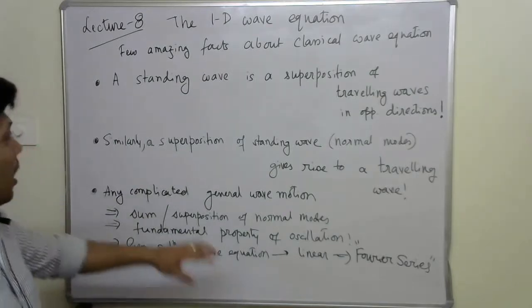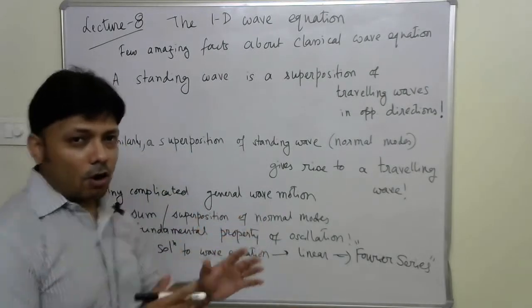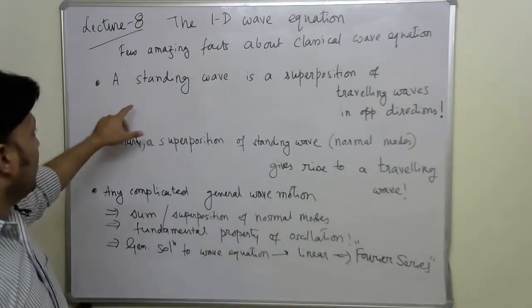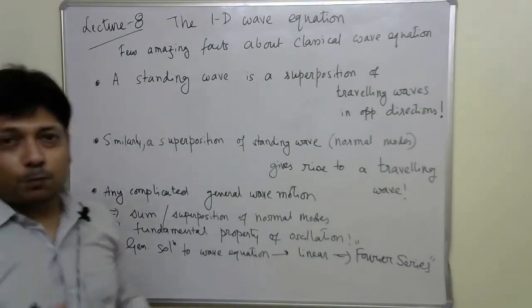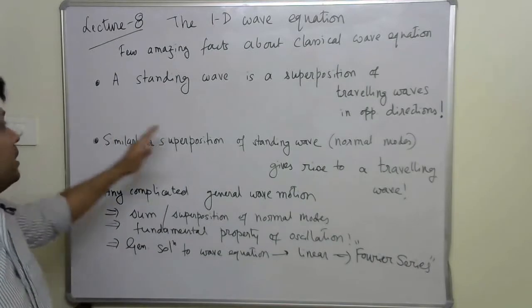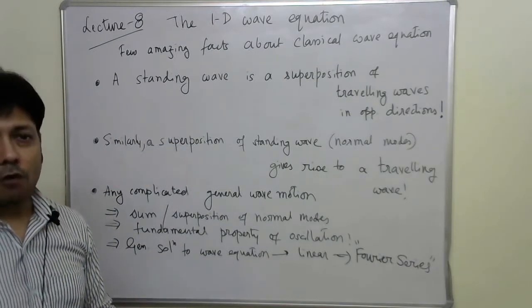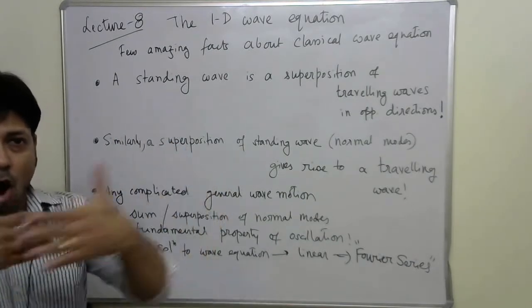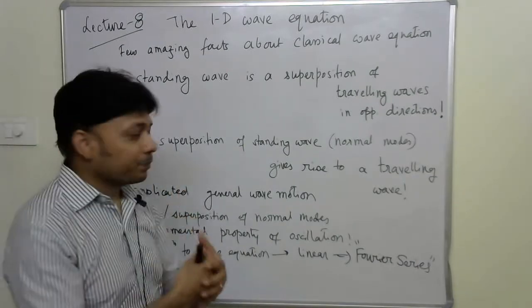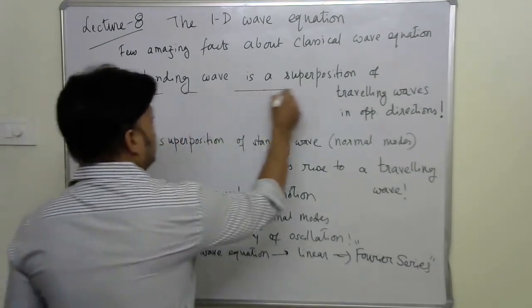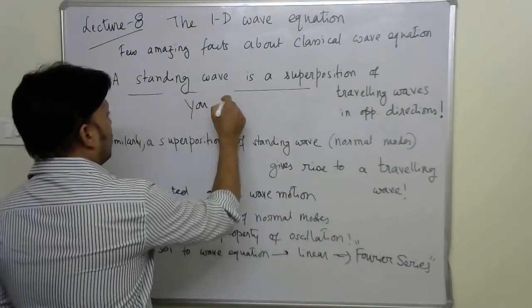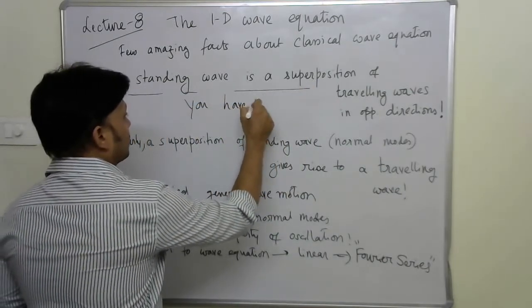Here I would like to draw your attention to a few facts. Number one, mathematically it can be proven that a standing wave is a superposition of traveling waves in opposite directions. So you have to prove this.